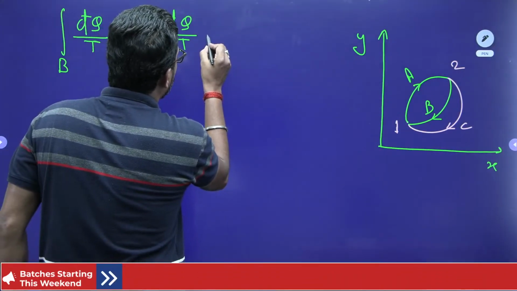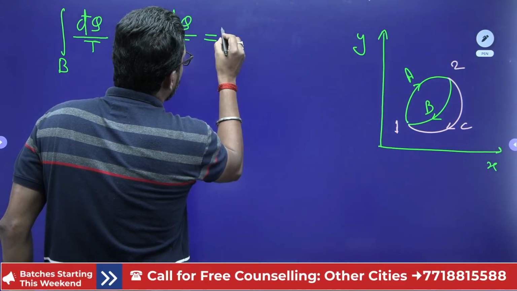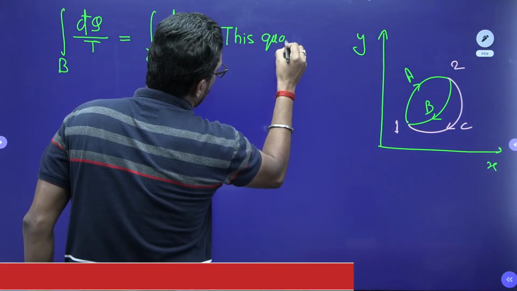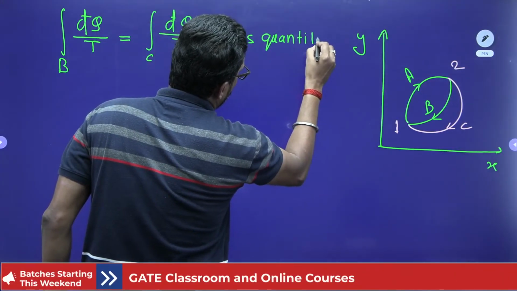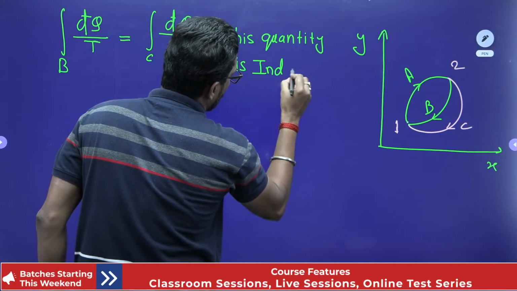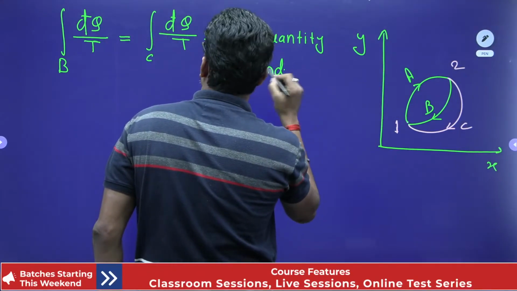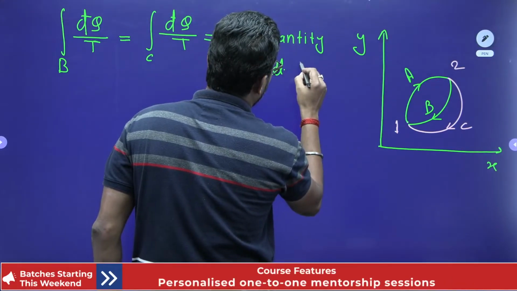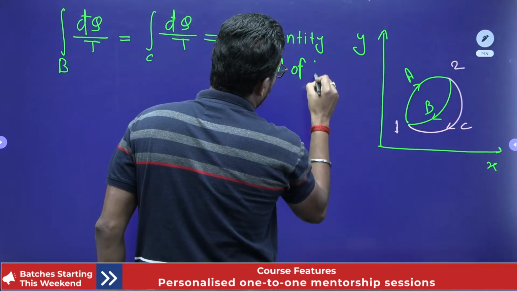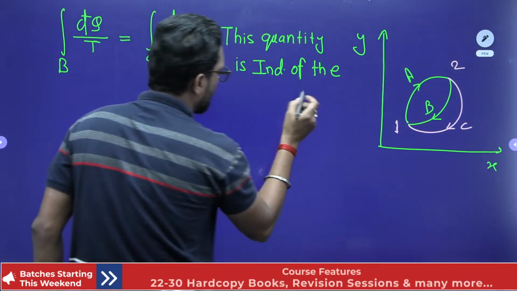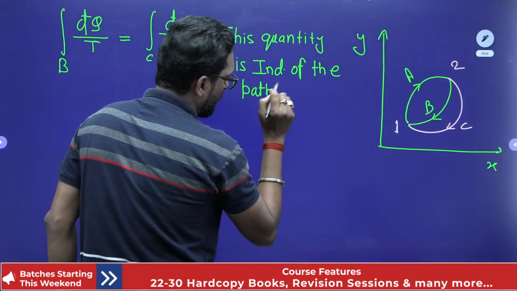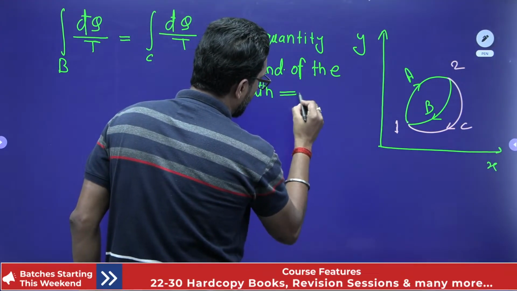That means this quantity is independent of the path. So it's a system property.